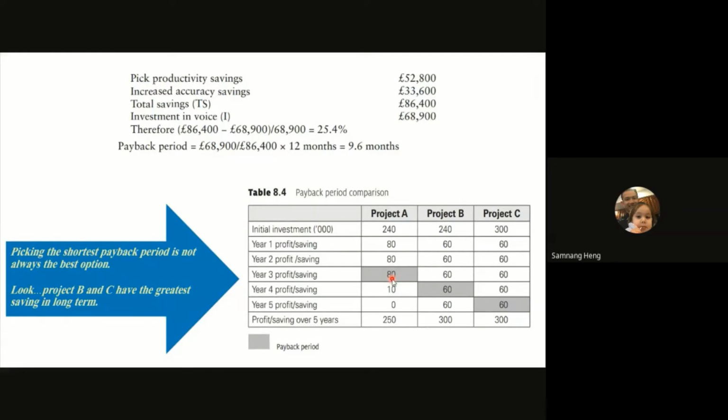In real life, you probably make more than this. I'm sure you could make money to pay off in a shorter period. But if you plan to do something like a short-term investment, you probably choose something similar to project A that gives a shorter payback period. But if you plan to do a long-term investment, you should do something like B or C.